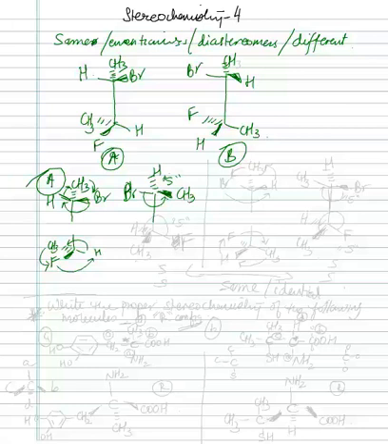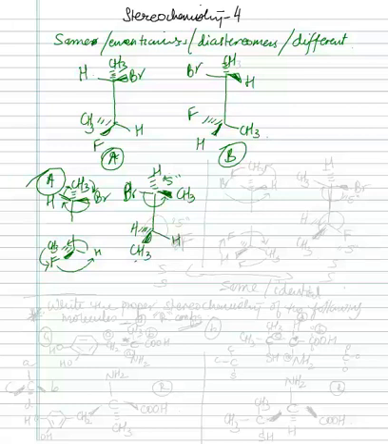So that's what we're going to do for the bottom carbon. And now our hydrogen is at the back. I always start with hydrogen because that's the lowest priority group. So hydrogen goes to the back. If it went to the back, the CH3 came to the front and my fluorine moved to the right.